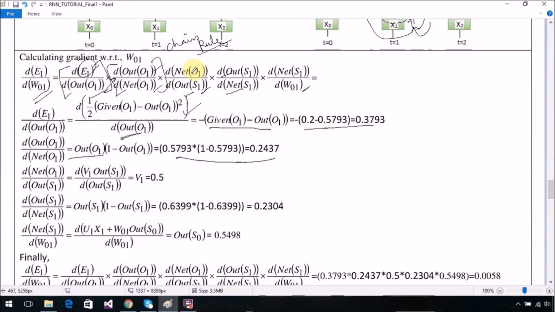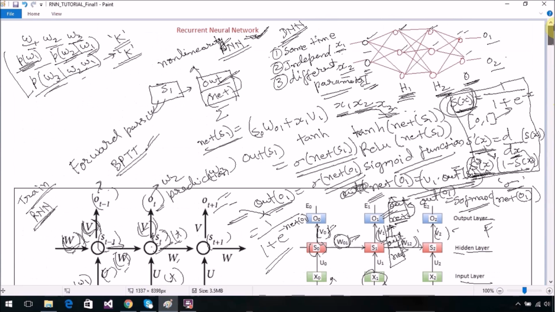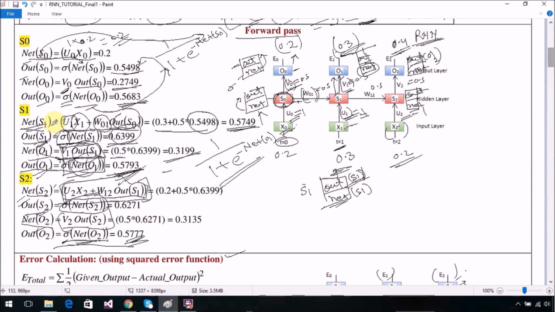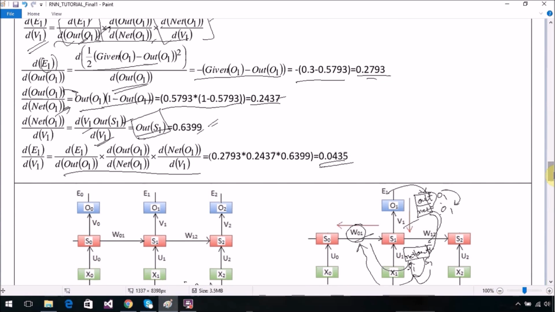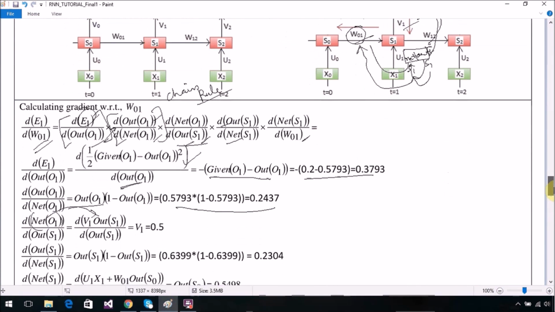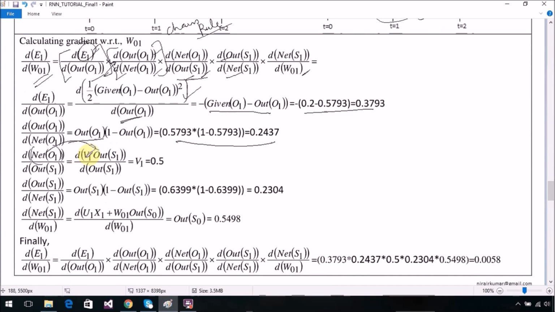Similarly, to calculate the differentiation of net O1 with respect to out S1, we will just use the expansion of net O1. So our net O1 is calculated like V1 into out S1. So we will take V1 into out S1 and its differentiation with respect to out S1, which will be equal to V1, which is 0.5.